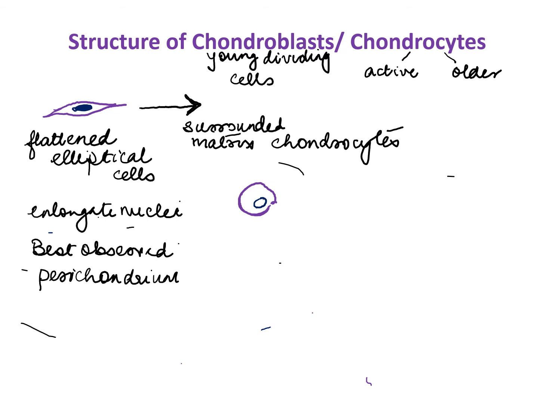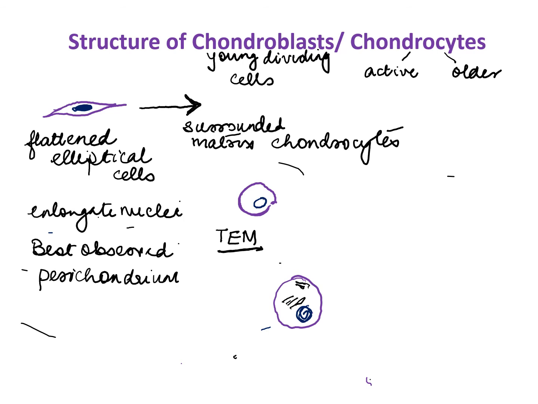But if we were to use an electron microscope to visualize it, in that case, we would see that this would be the cell. Here would be the nucleus. When we're looking at the electron microscope, which is an active nucleus, there would be these rough endoplasmic reticulum with ribosomes.